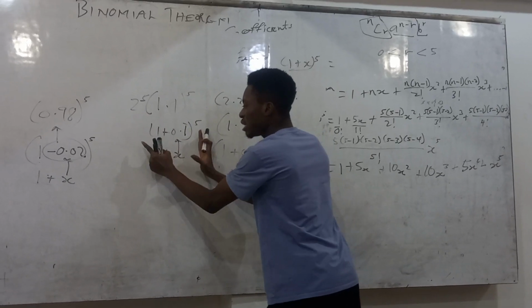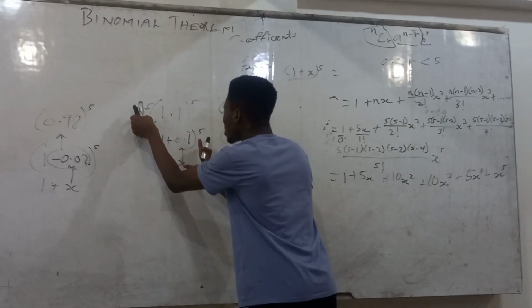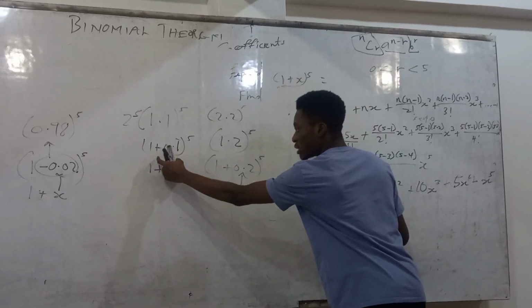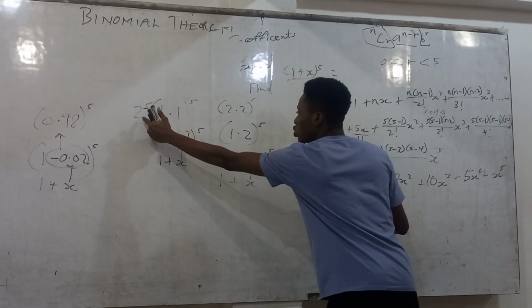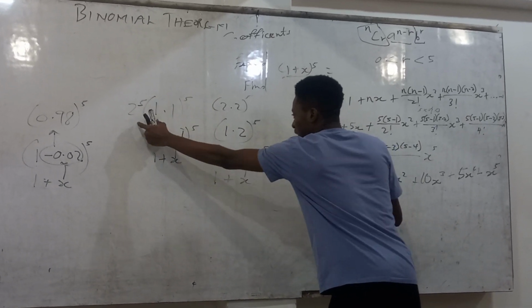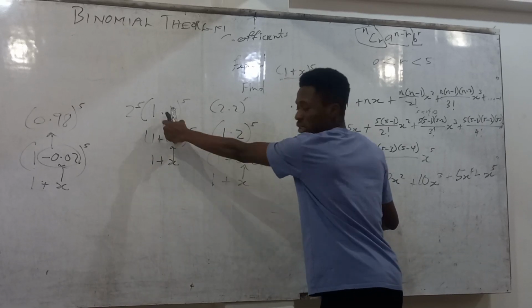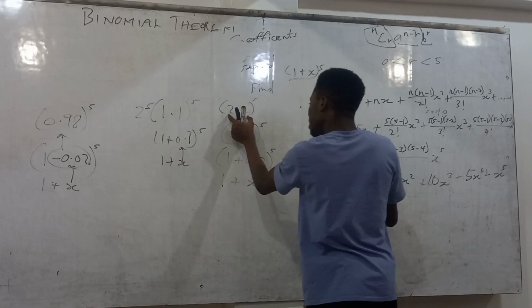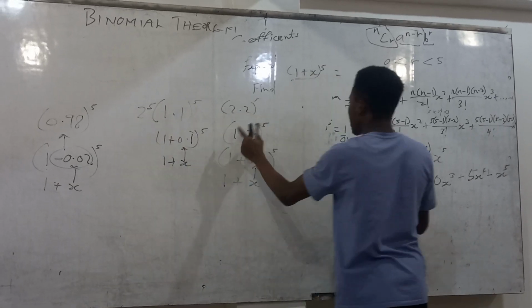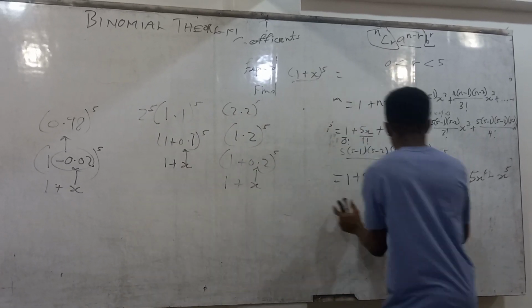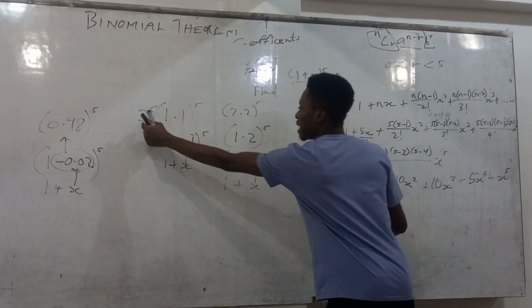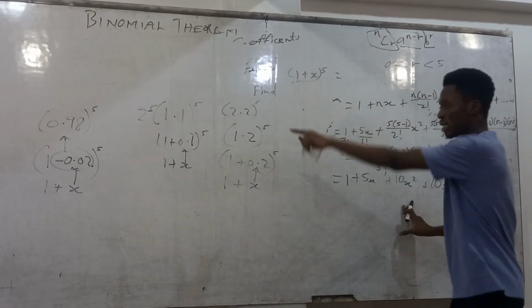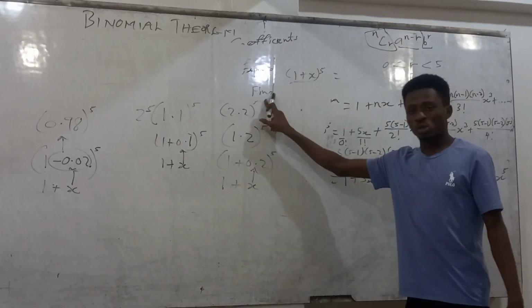And with that one, when you get your answer for this, multiply it by 2 to the power 5 because it is multiplying the 1.1 to the power 5. It's like we split this into this. So when we are done using this to find it, we multiply it by this so that we get the answer for 2.2 to the power 5.